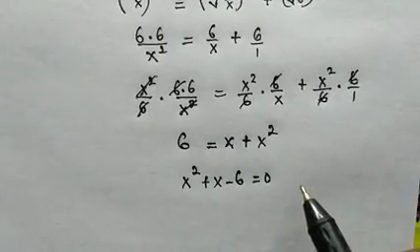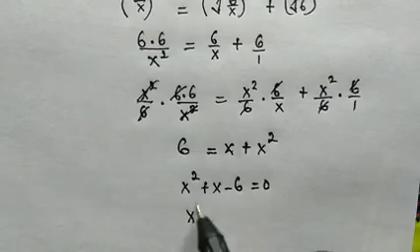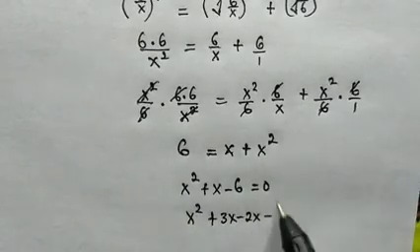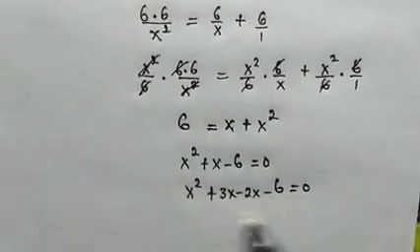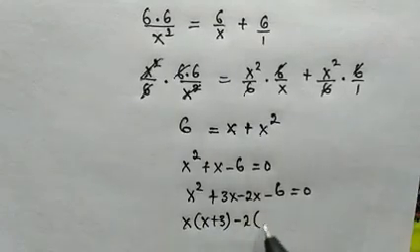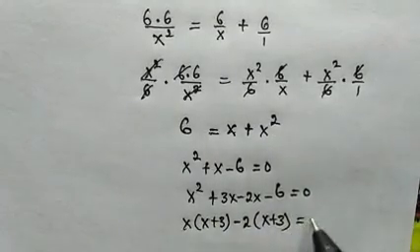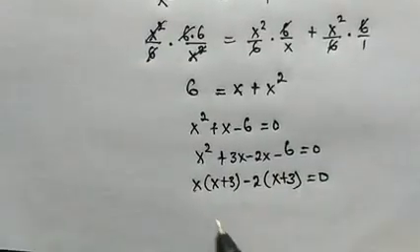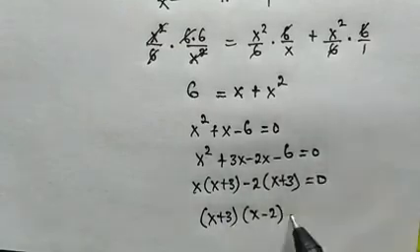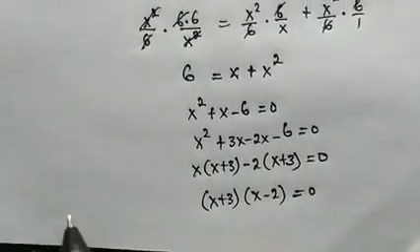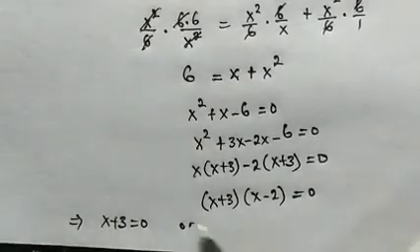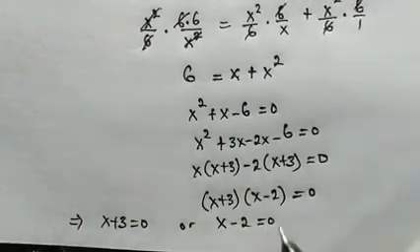Okay, we know this can easily be solved. So x squared plus x, we'll write it as 3x minus 2x. Then minus 6, this is equal to 0. Here we factorize x plus 3. Factor out negative 2, we get x plus 3. This is equal to 0. So here, this is factorized as x plus 3 multiplied by x minus 2, and this is equal to 0, which implies either x plus 3 is equal to 0 or x minus 2 is equal to 0.